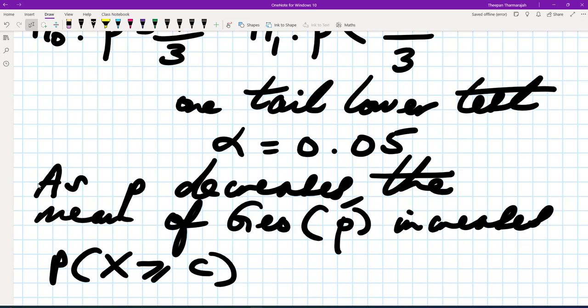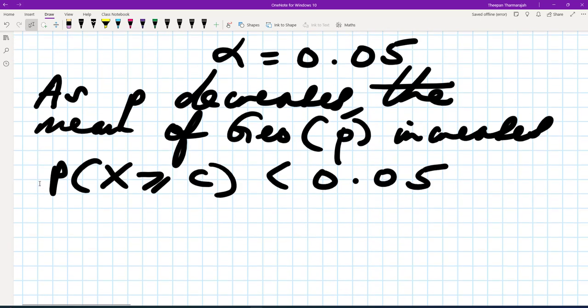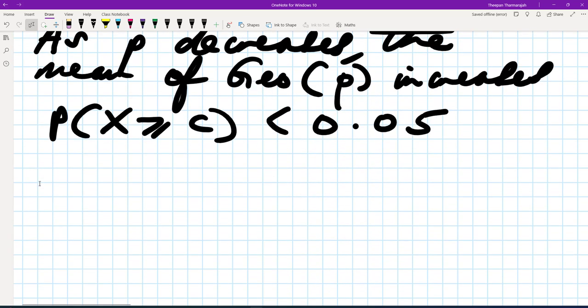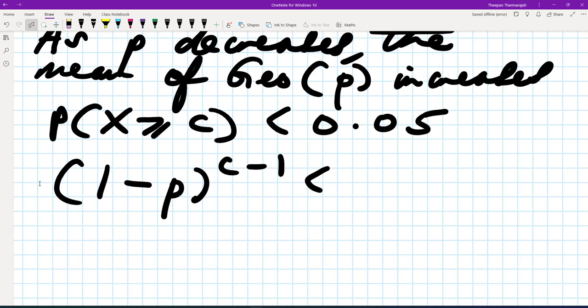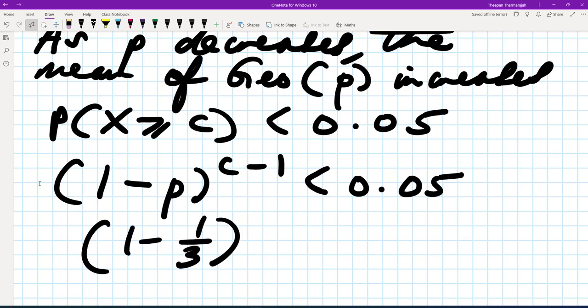So we want this to be strictly less than 0.05. And then we can again use the formula we had before. 1 minus P, the probability of C minus 1 is strictly less than 0.05. Our probability is 1/3, so 1 minus 1/3 to the power of C minus 1, strictly less than 0.05.